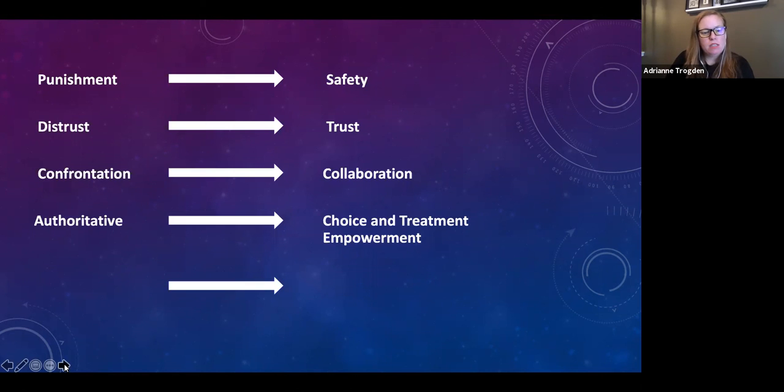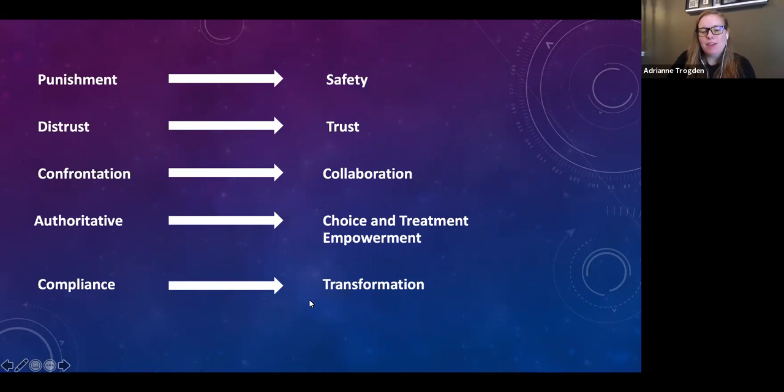And the last one here, moving away from compliance, the idea of compliance with a one-size-fits-all treatment program, to transformation. So what does this person individually need to help them transform their lives and be healthier, hopefully?